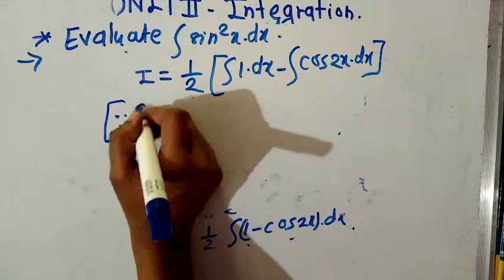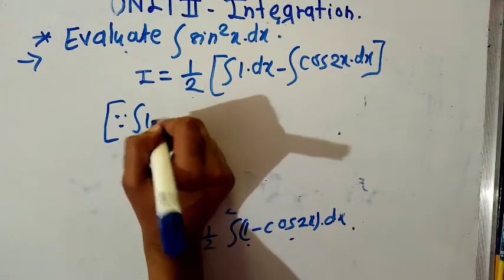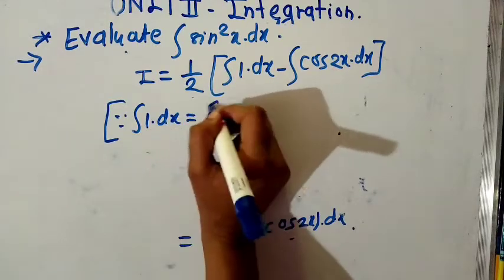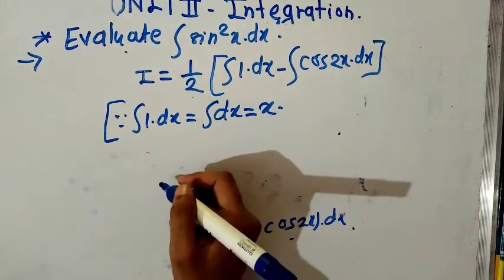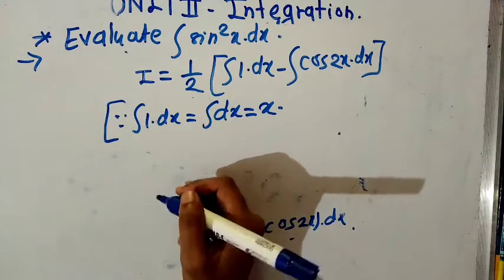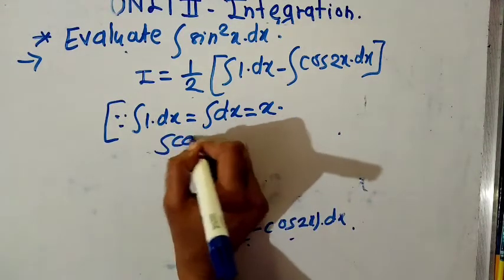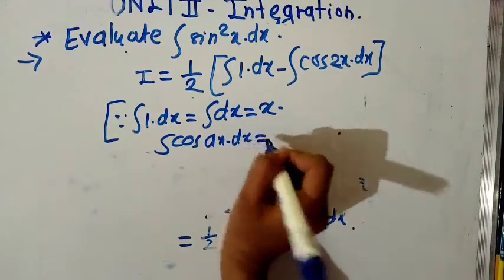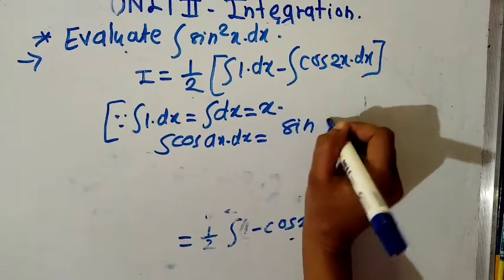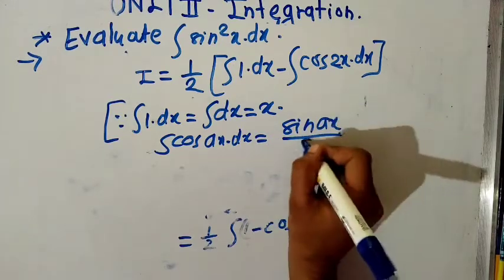Since integration of 1 into dx is equal to x, and integration of cos ax into dx is equal to sin ax upon a.